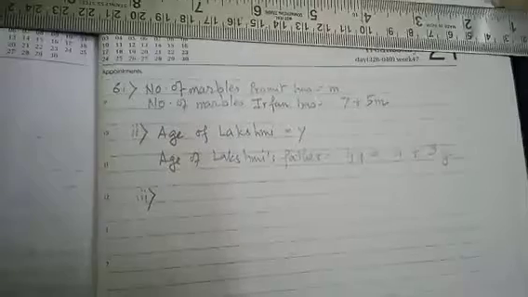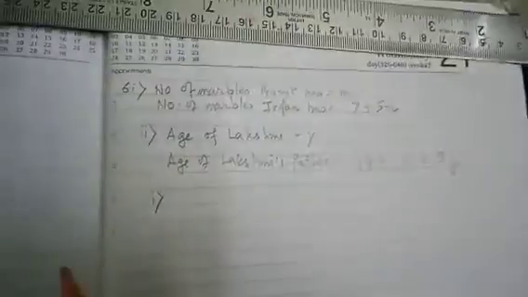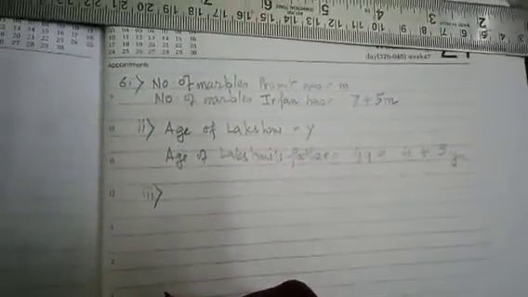Next question. Question number 3. The teacher tells the class that the highest marks obtained by a student in her class is twice the lowest marks plus 7. The highest score is 87. Take the lowest score to be L. Here I have to get the equation.